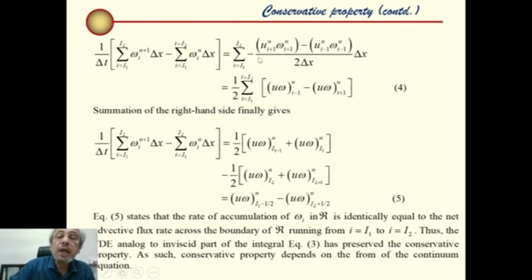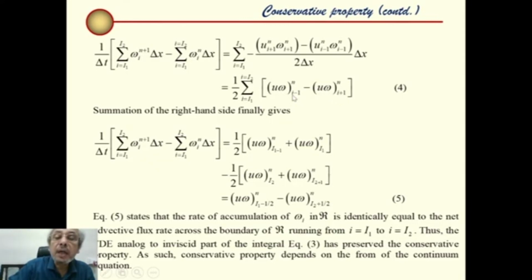And if we do that, we can see that we'll be able to write simple algebra, this half summation of I equal to I1 to I2 u omega I minus 1 at nth level minus u omega I plus 1 at nth level.